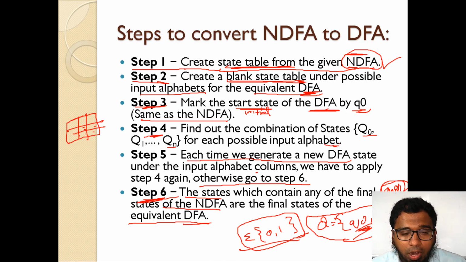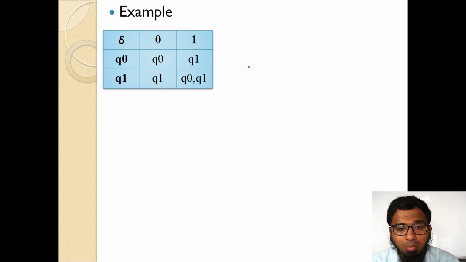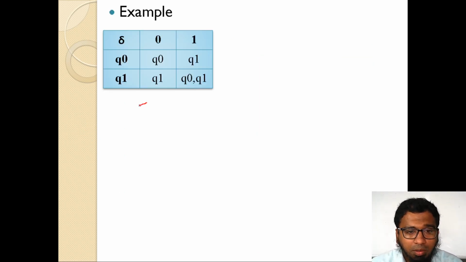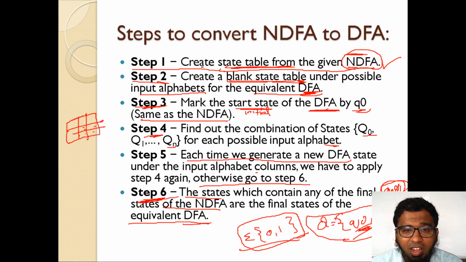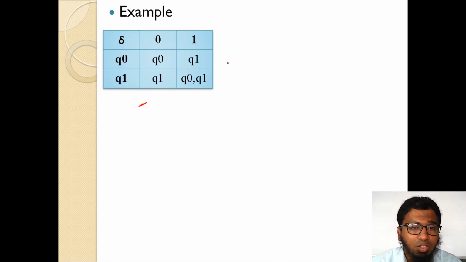Now step 1, create state table from the given NDFA. So first we need to do this. I am taking this one as the example. Create state table for the given NDFA, and this is my NDFA.